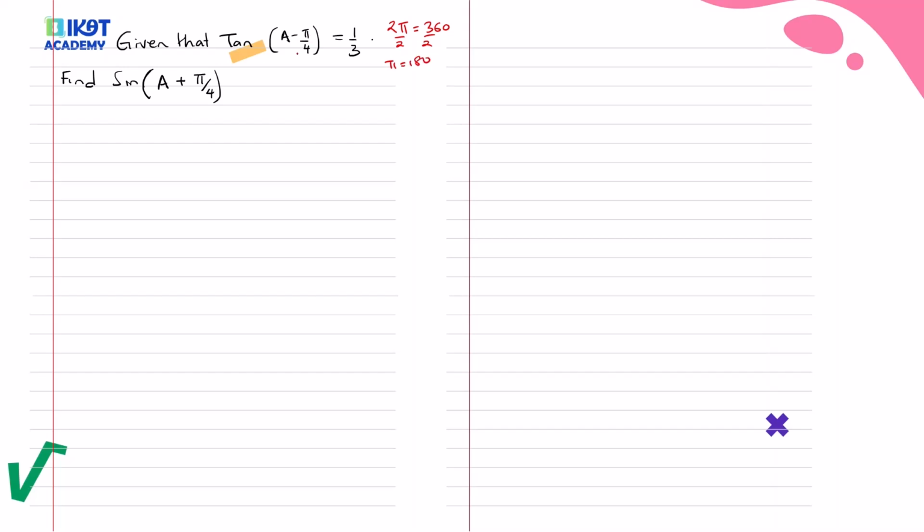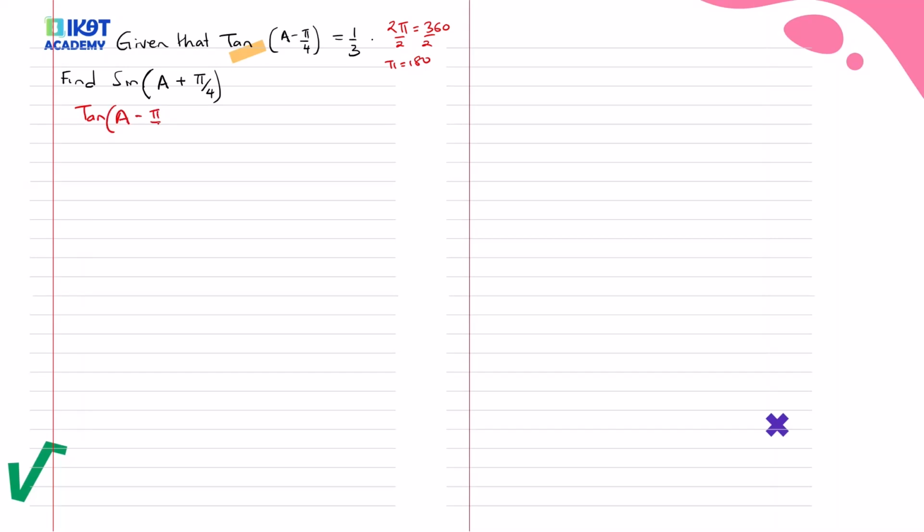So if we have pi out of 4, it means it's 180 out of 4, which is the same as 45. That's in degrees. But still, if you change your calculator to radians and put the tan of pi out of 4, it will give you 1. The only mistake you can make is to work with your calculator in degrees, but input the figures in radians.